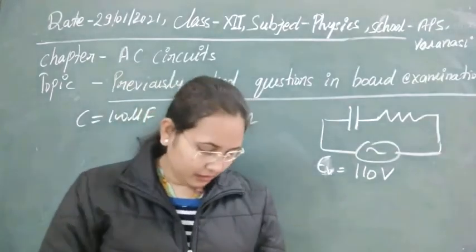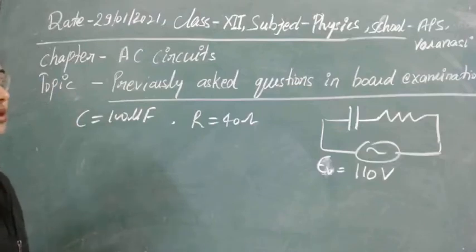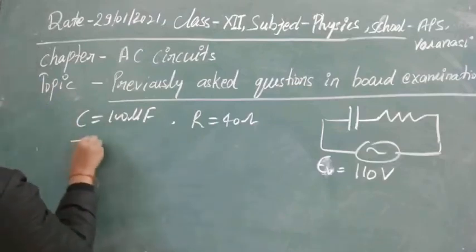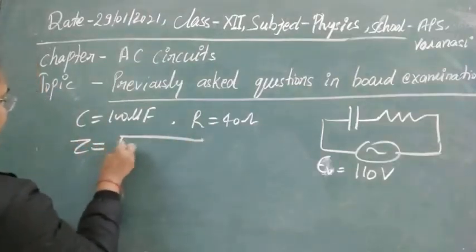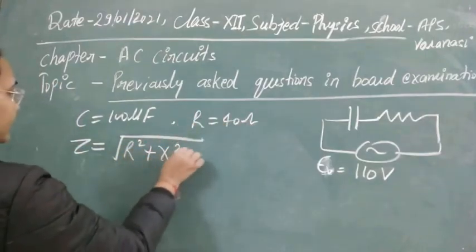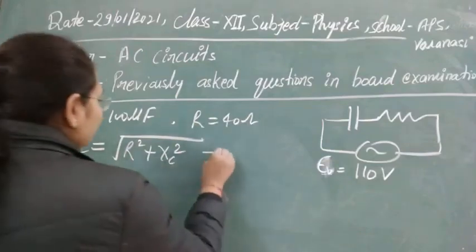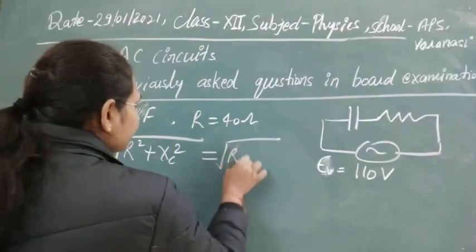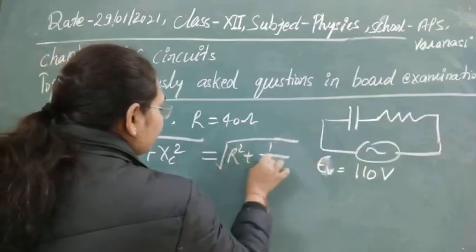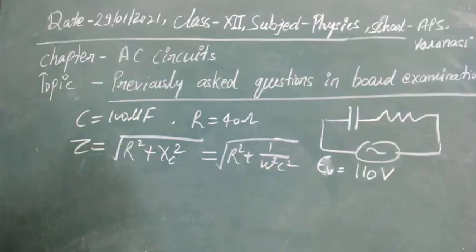The impedance of this CR capacitive resistive circuit is given by Z equal to square root of R square plus XC square. XC is the reactance of the capacitance, which is 1 upon omega C, so XC square is 1 upon omega square C square.